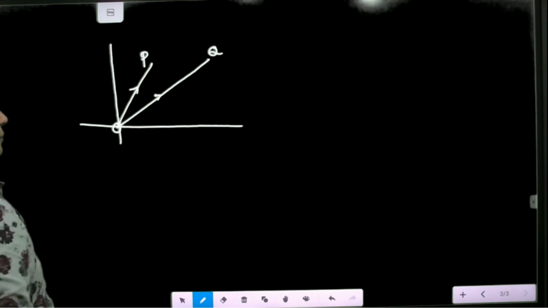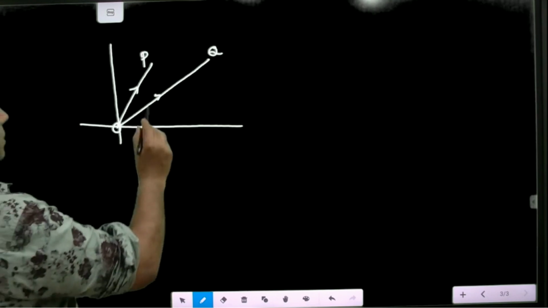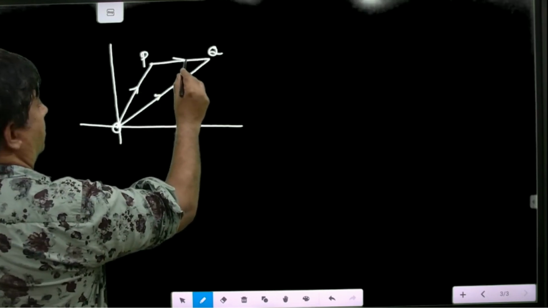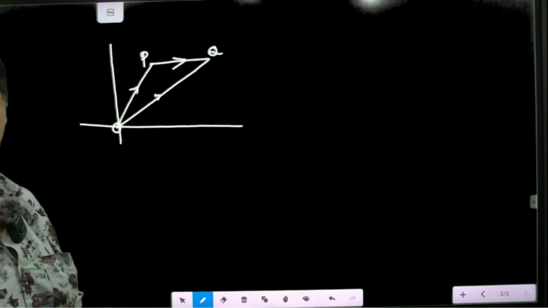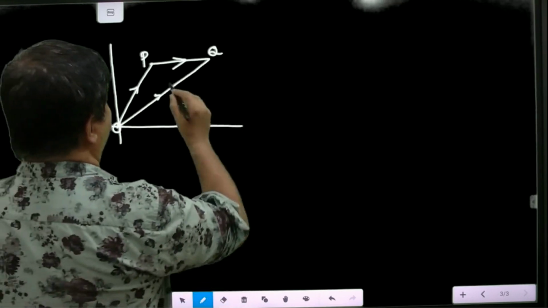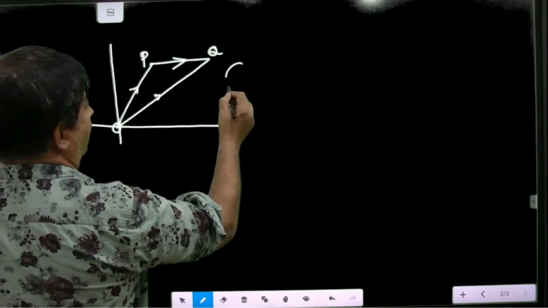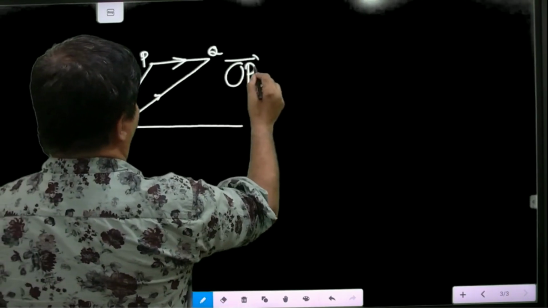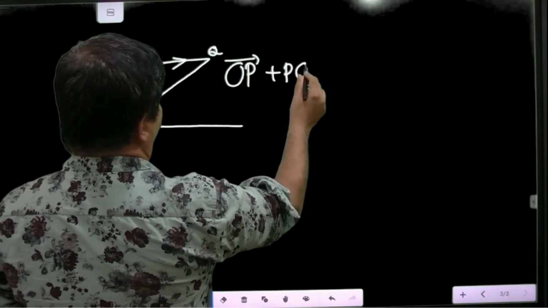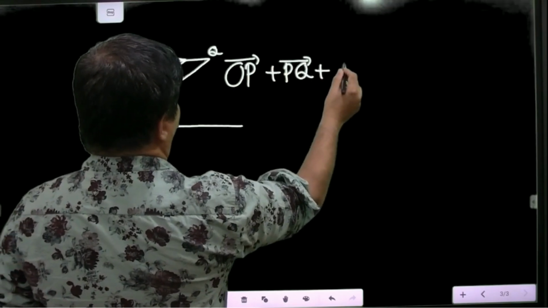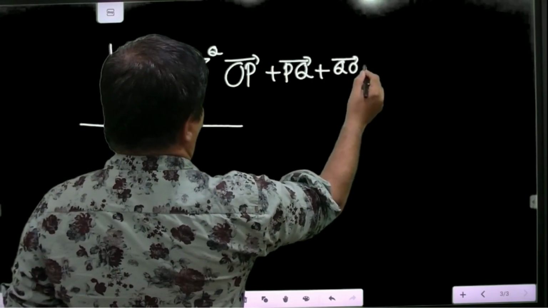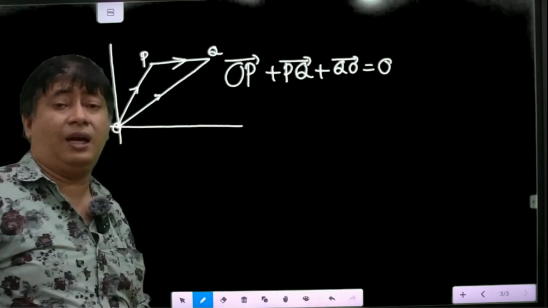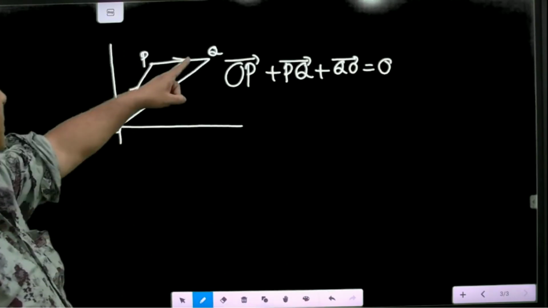Give the arrow sign. Okay. Now, if I follow the triangle law, I will get OP, PQ, QO is equal to 0. Okay. OP, PQ, QO is 0.